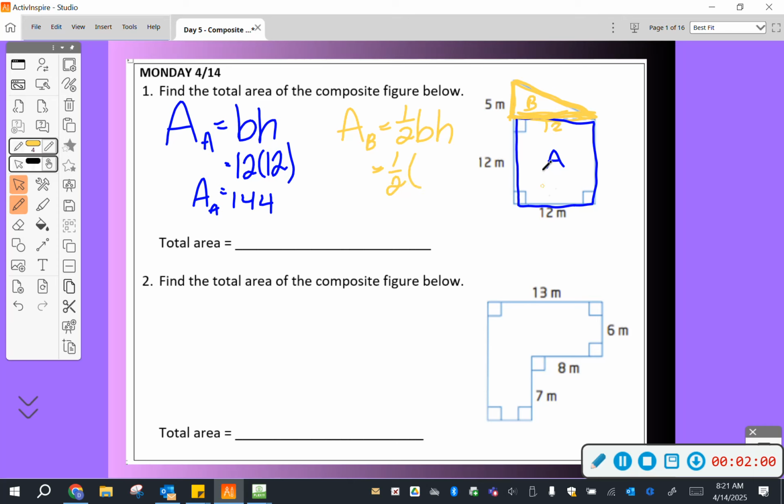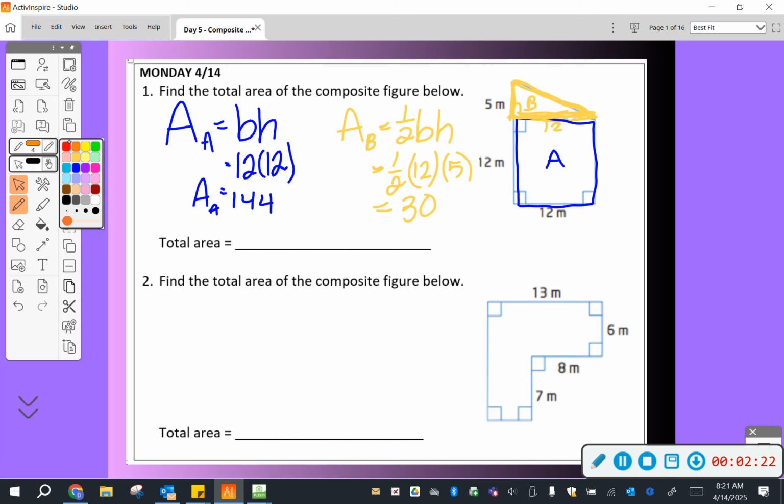It's also 12. Do y'all agree because it's a square? Yes. And what's the height of that triangle? 5. And what is 12 times 5? 60. What's half of 60? 30. And if you didn't know that, plug that baby into the calculator.